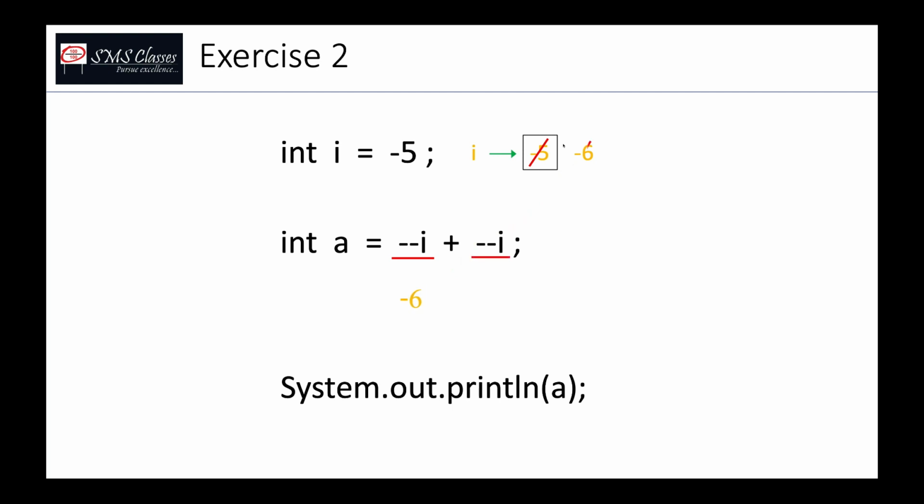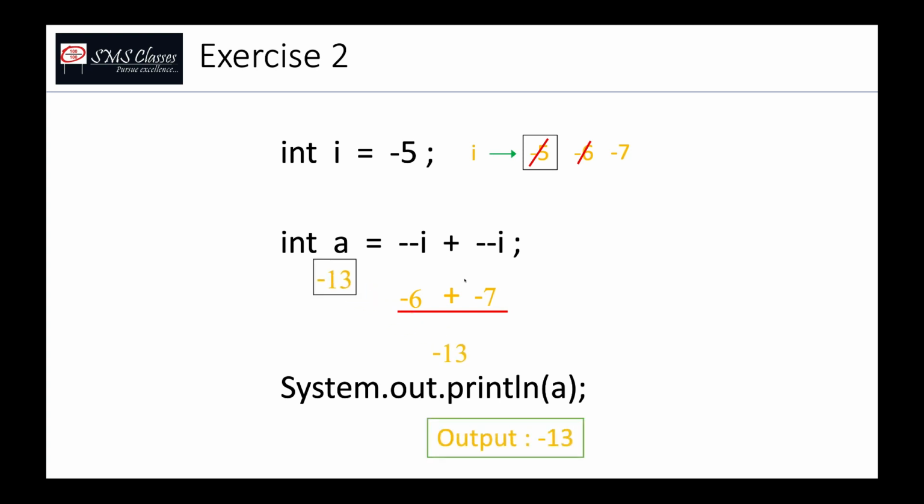Again pre-decrement, it decrements and substitutes. So the answer is minus 13. Here please concentrate. Minus 5, minus minus I, some of you may put minus 4. Because this is a negative number, right? So in negative, minus 6 is 1 less than minus 5.